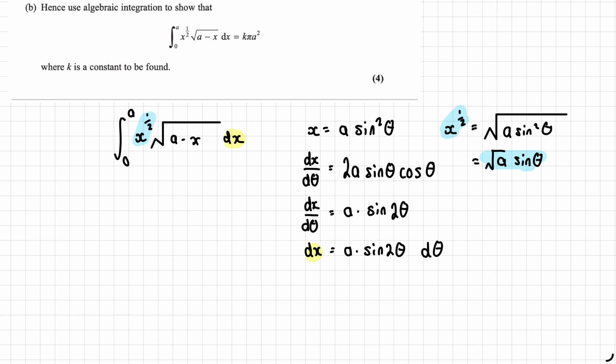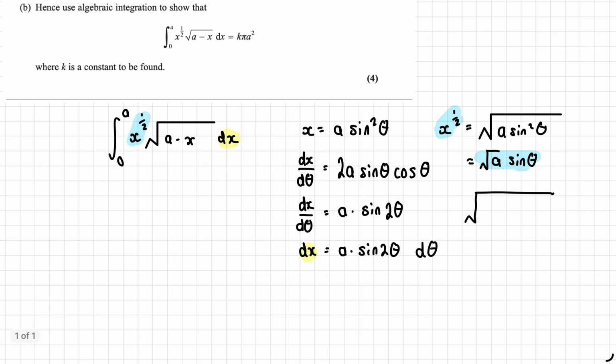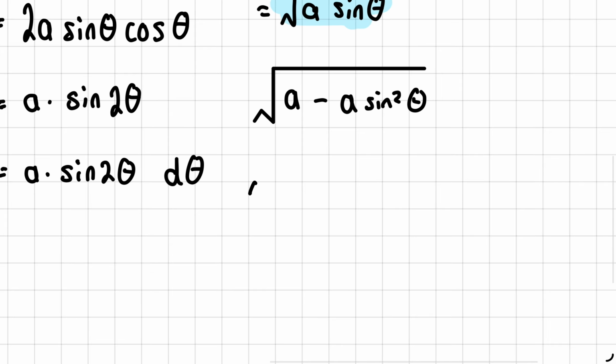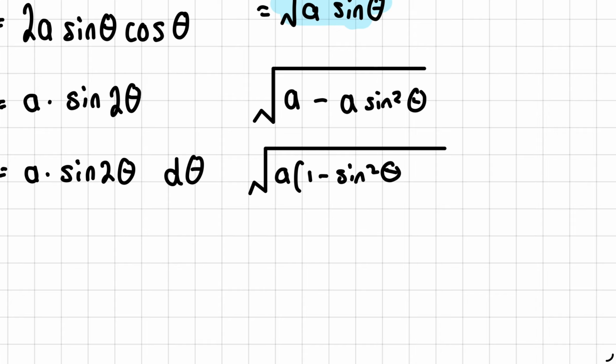And we also have the square root of a minus x, which is a minus, and x is up here. So a minus a sine squared theta will become a brackets 1 minus sine squared theta, which you can notice is a times cos squared theta.